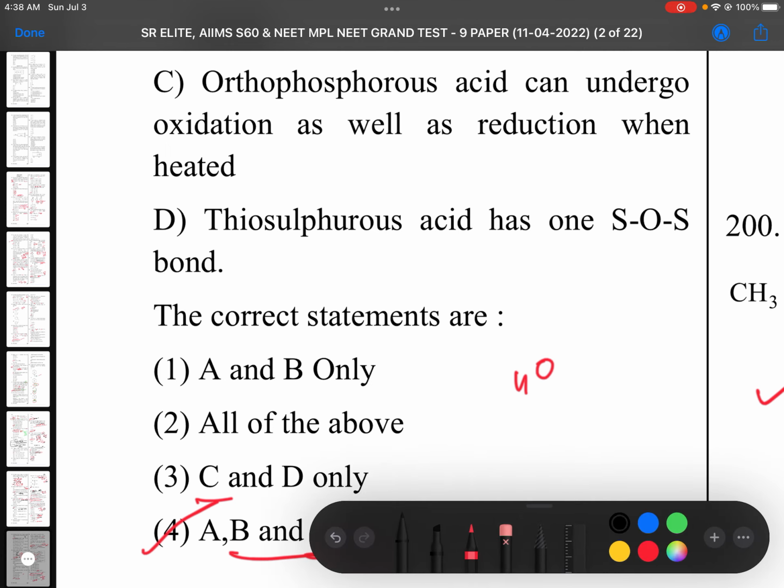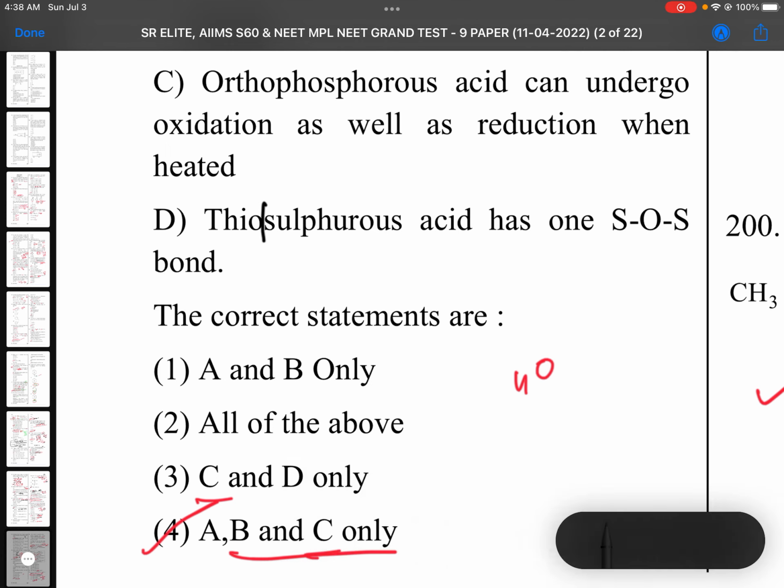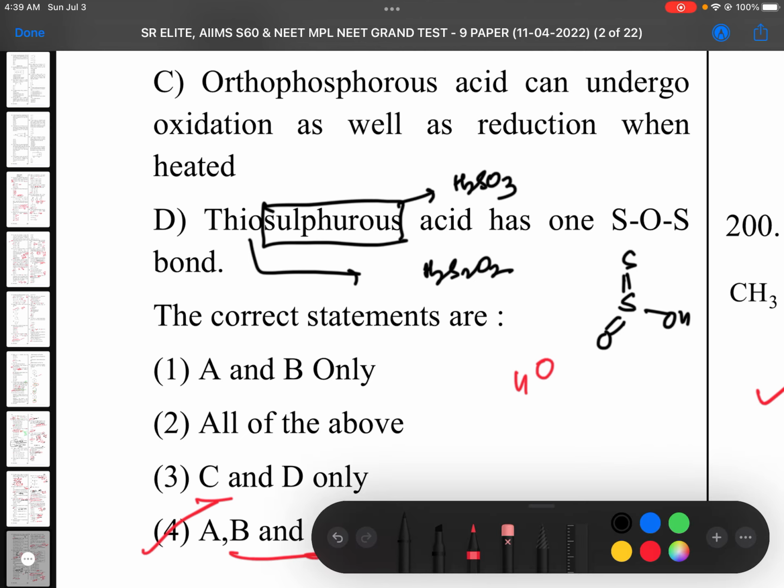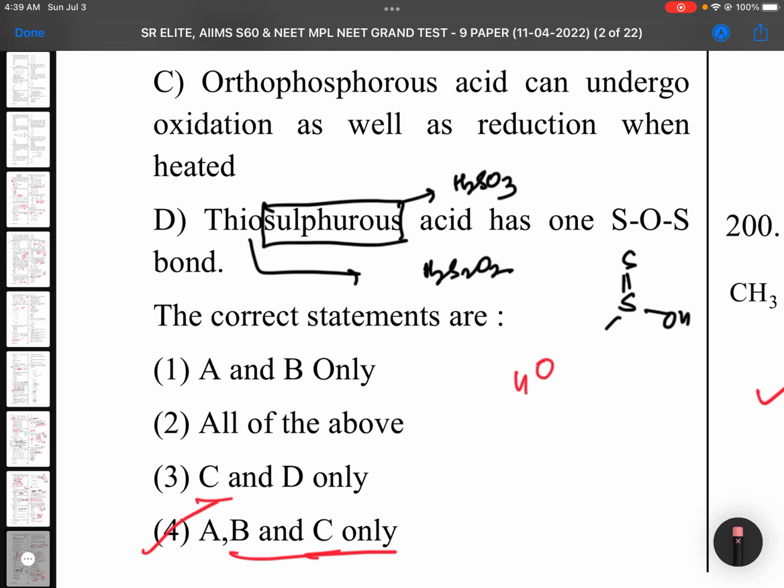Actually, I am taking only sulfurous acid. Sulfurous acid is H2SO3. Thiosulfurous acid is H2S2O2, where S double bond S is there. This is the structure for this. H2S2O3. That is sulfurous.